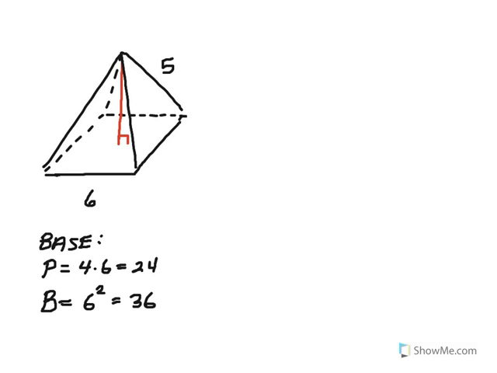So let's look at what we've got here. What we want to do, starting with lateral area, is equal to 1/2 the perimeter times the slant height. So we're going to need to find the slant height. So I'm going to draw in a line on this right lateral face. That's the slant height.